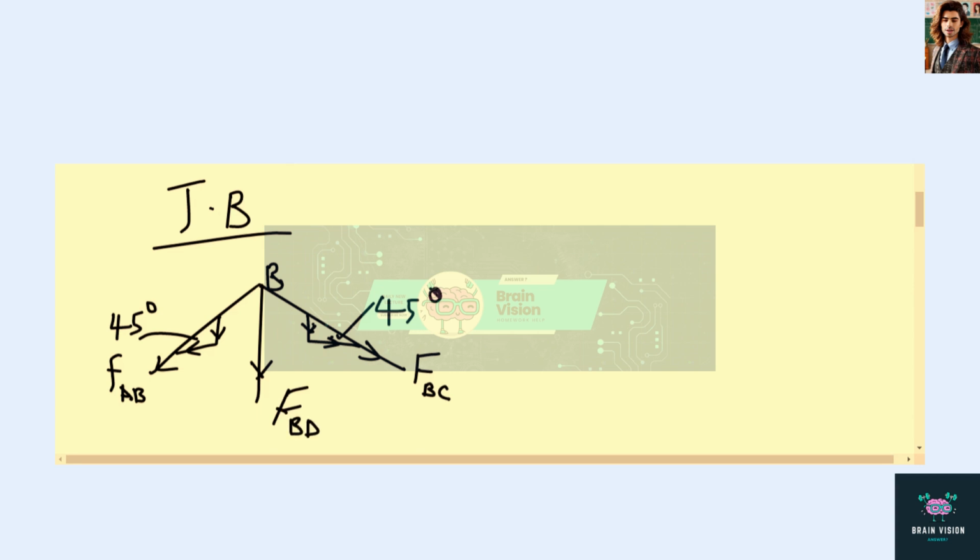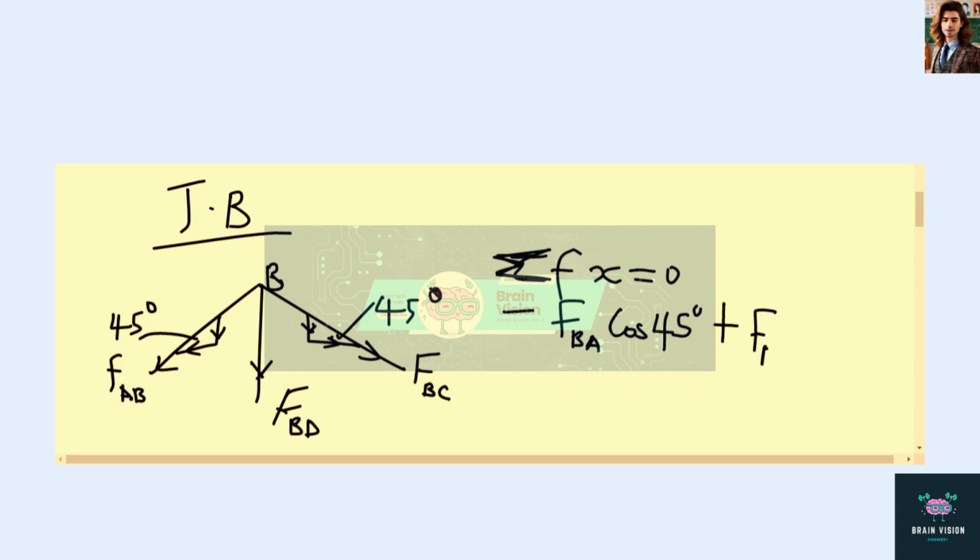Okay. Now, if we take summation of forces in the horizontal direction, we are going to have minus F subscript BA cos 45 degrees plus F subscript BC cos 45 degrees to be equal to 0.